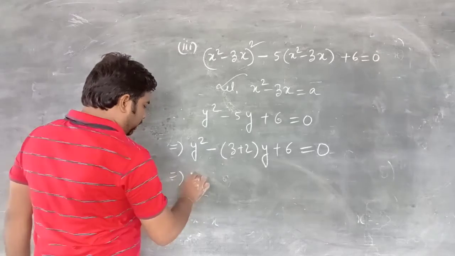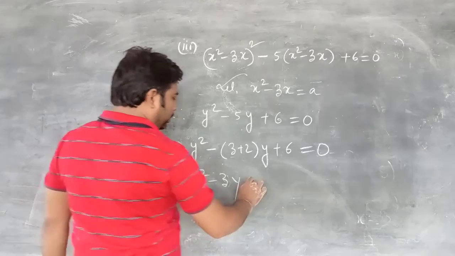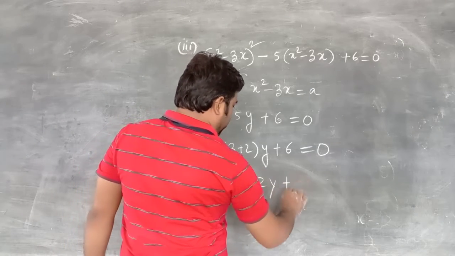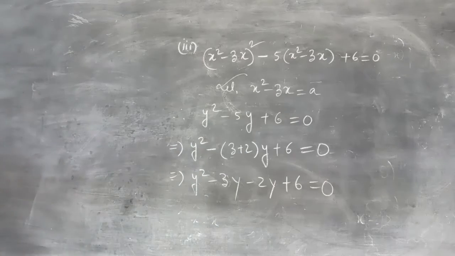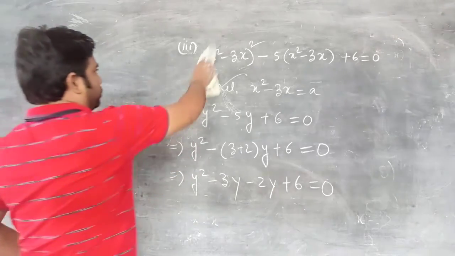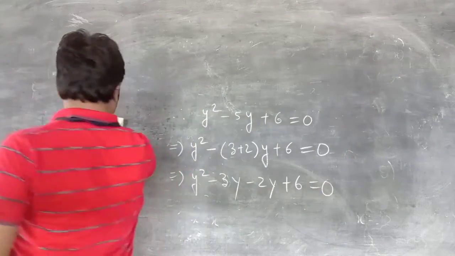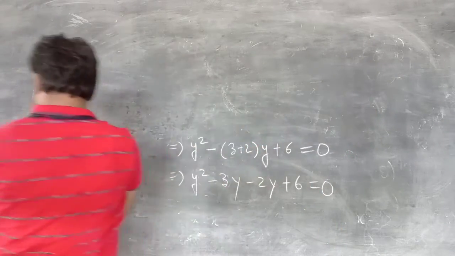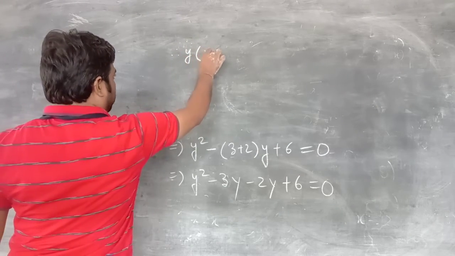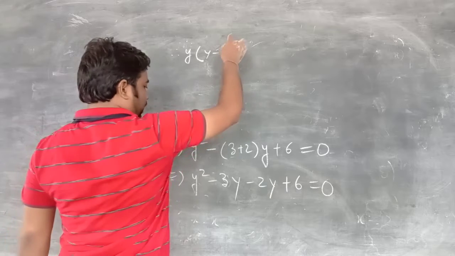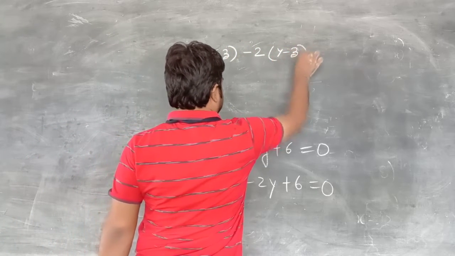So this is y square minus 3y minus 2y plus 6 equal to 0. So this is y, if we take common, which will be y minus 3, and if we take minus 2 common, this is y minus 3 again.